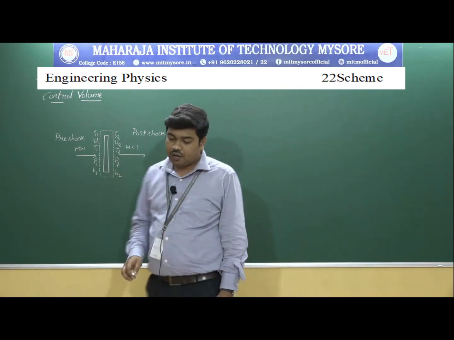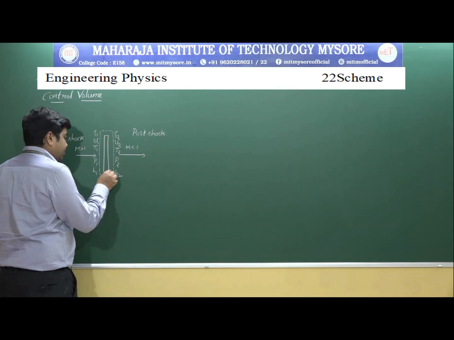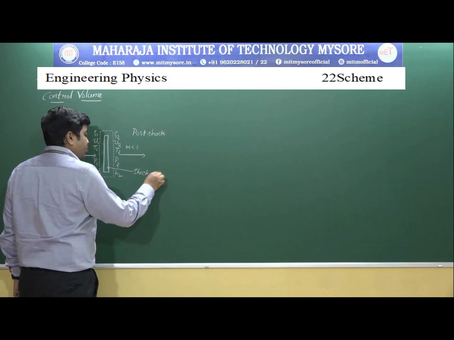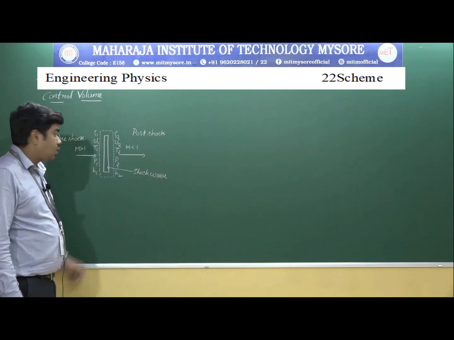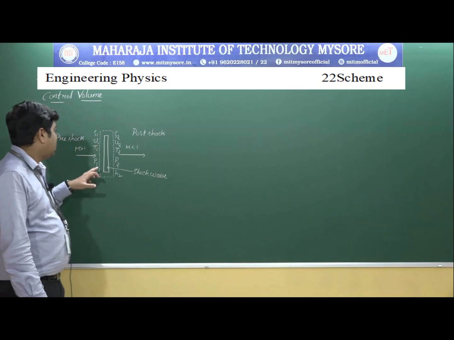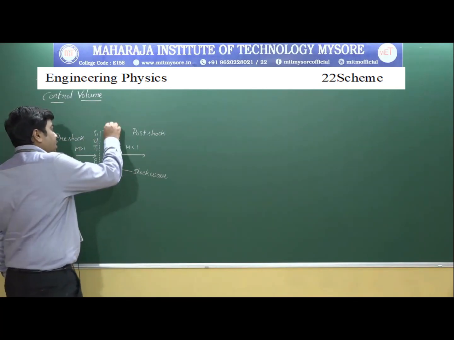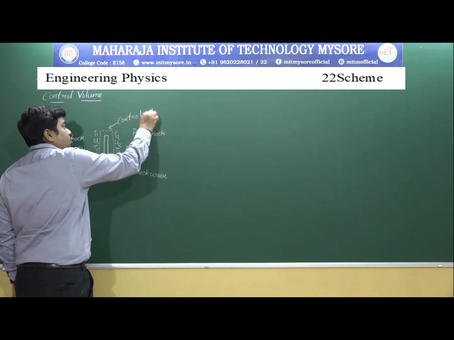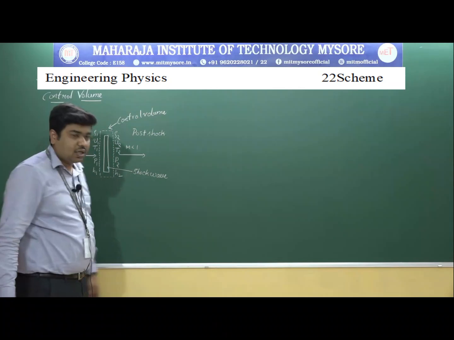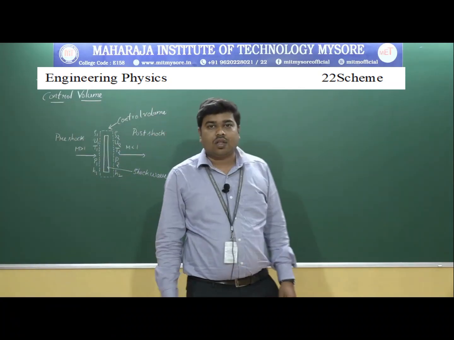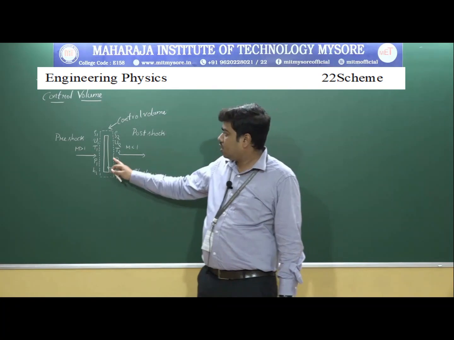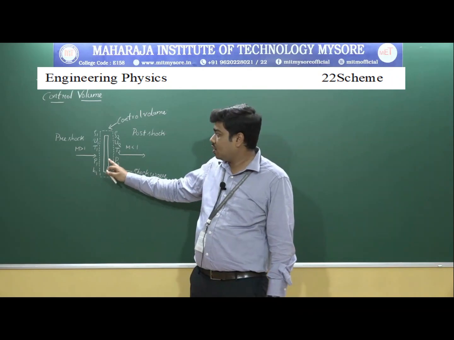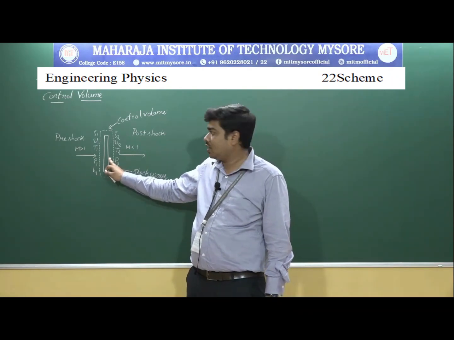As you can see, this is a shock front, part of a shock wave, and surrounding it you have an imaginary envelope which we call a control volume, of thickness of about 1 micrometer, within which the whole area is compressed and there is a sharp increase in temperature, pressure as well as density.